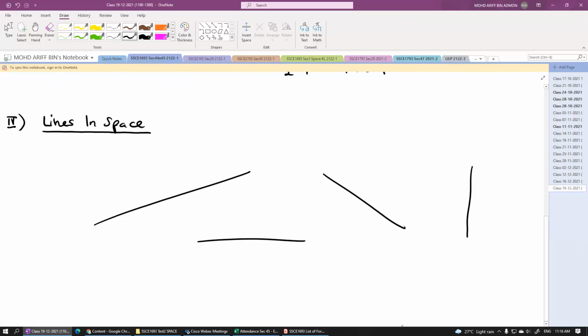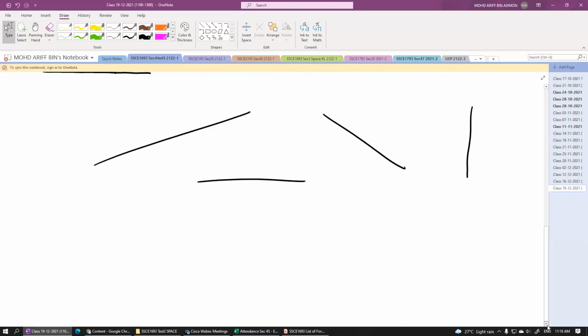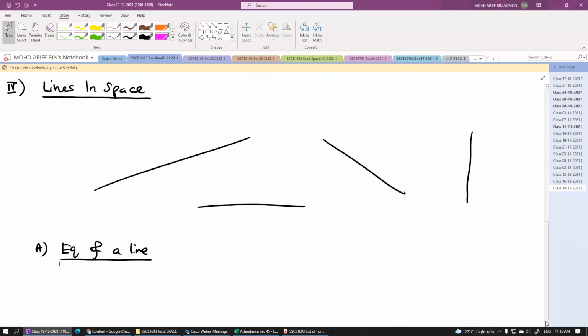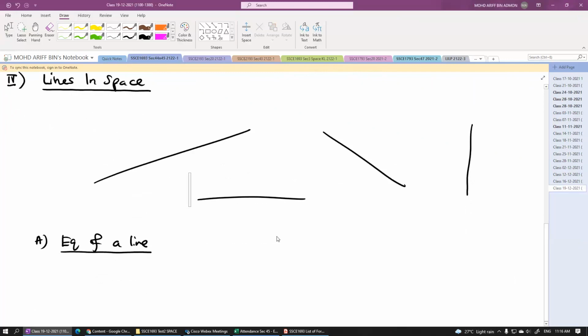So for this line in space, we have several things that you need to know. The first one, I put it as A: equation of a line. How can we find the equation for this line?